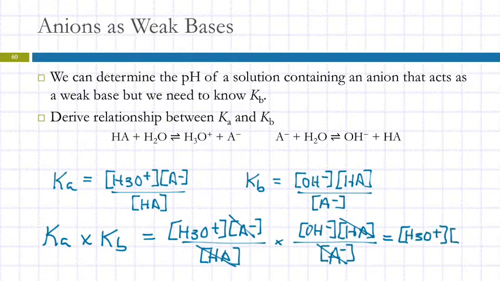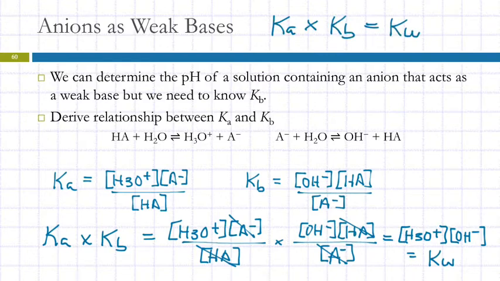H3O plus times OH minus. What is that also known as? Kw, right? So Ka times Kb equals Kw.